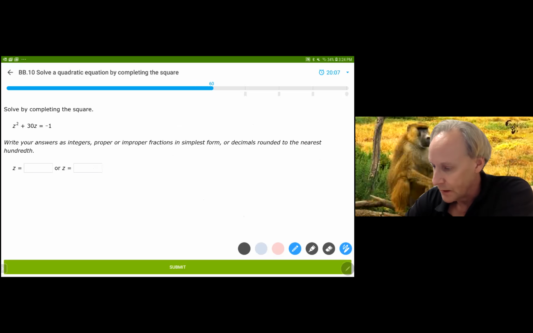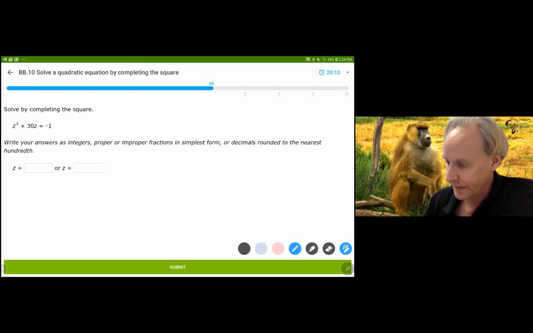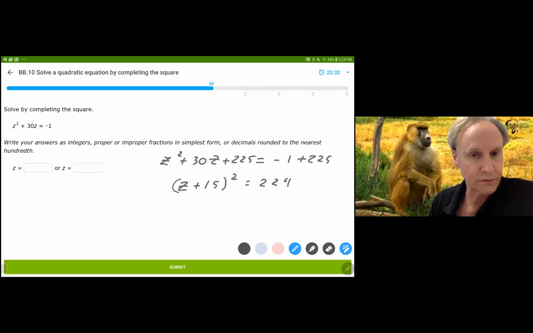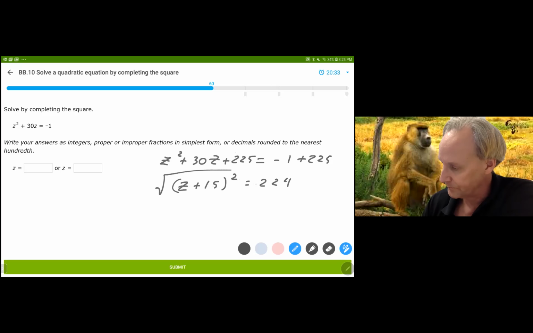Okay, we are going to add our 225 to both sides. So we have z squared plus 30z equals negative 1. We are squaring z plus 15, which meant that we needed the 225 here, which gave us 224 for our square root that we're going to have to take.